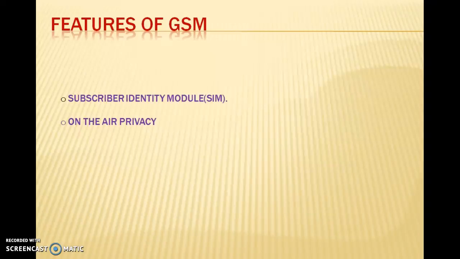As you might have heard, when you go to a shop to purchase a SIM card, without a SIM card the mobile phone is nothing, we all know that. When you go to the shop to purchase the SIM card, the retailer, the shopkeeper, asks you for your identification, your identity proof. What will he do with that identity proof? Will he keep it with him?